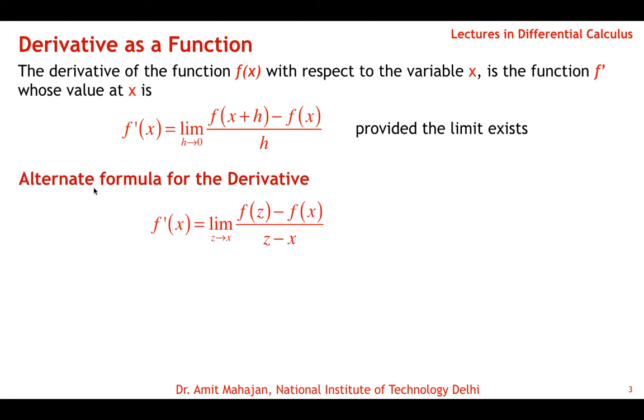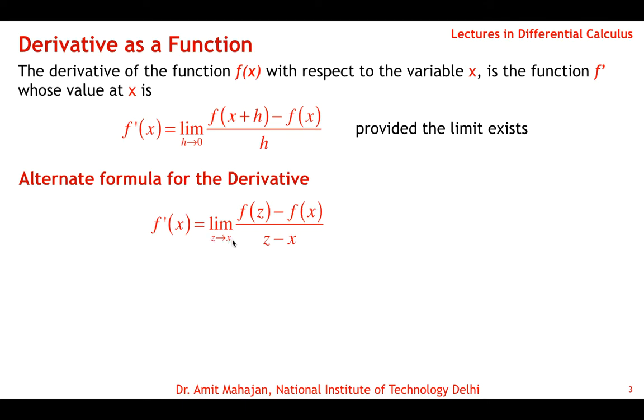There is an alternate formula for writing this right hand side. If I call this neighborhood point x plus h as z, then I can rewrite this right hand side as f of z minus f(x), and since I am writing x plus h as z, h can be written as z minus x. So this h here will be z minus x, and h tending to 0 is the same as z approaching x.